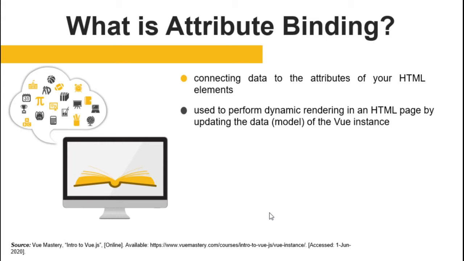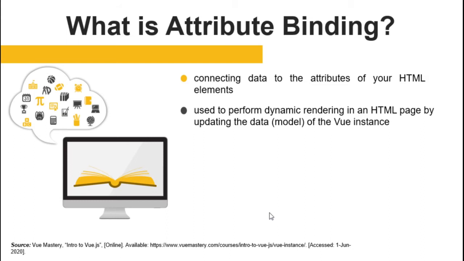So if you want to put a value dynamically using the Vue instance inside the src attribute of the image element, we will use a v-bind directive, which means from our data model defined inside our Vue instance in main.js, we will get the value of our data and assign that value inside the src attribute of the image tag. So that's the idea of attribute binding.